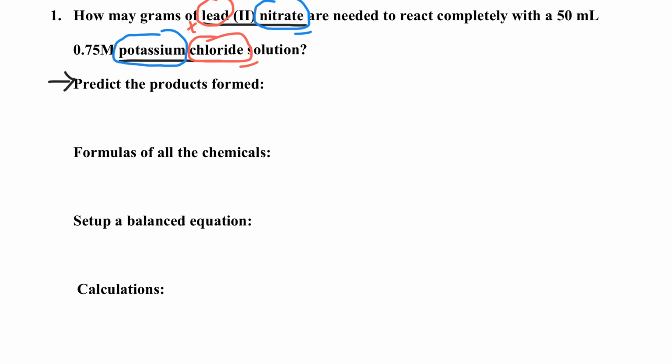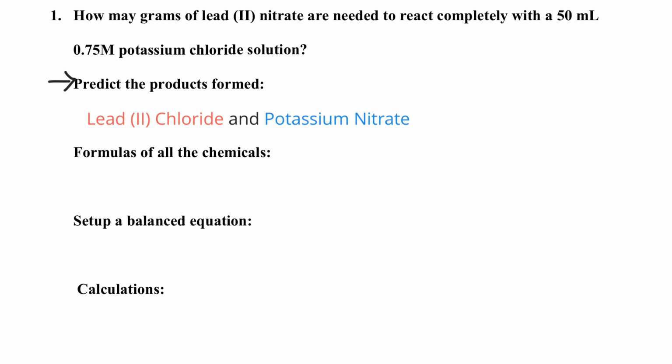And so all you need to do is combine them as indicated by the 2 colors. So we'll write down what the products are. There we go. So those are my 2 products, lead(II) chloride and potassium nitrate.